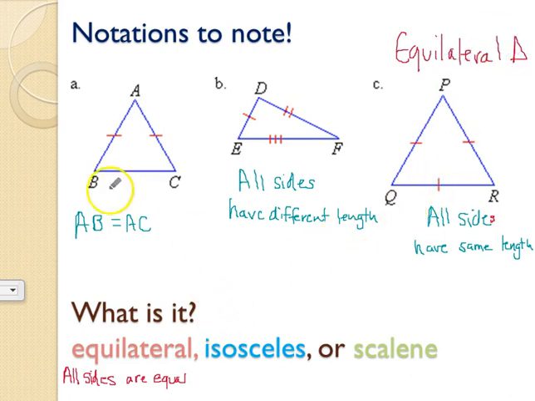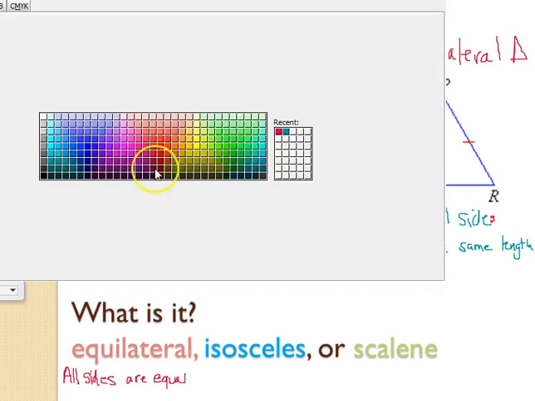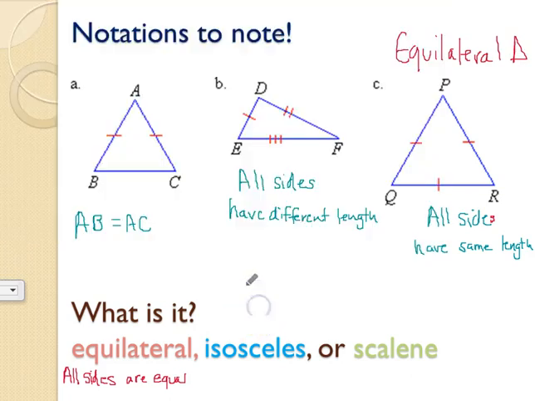An isosceles is a triangle with 2 sides that are equal. Can you tell me which triangle up above would be the isosceles triangle, A or B? Here there's a tick here and there's a tick here. So we know those 2 sides are congruent, and that third side is not congruent to those. So this would be our isosceles triangle.